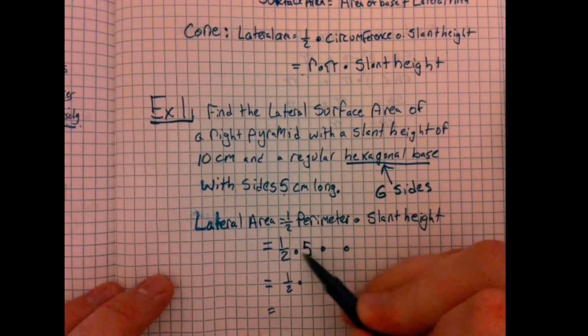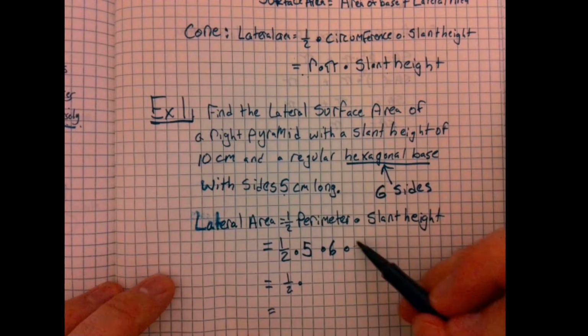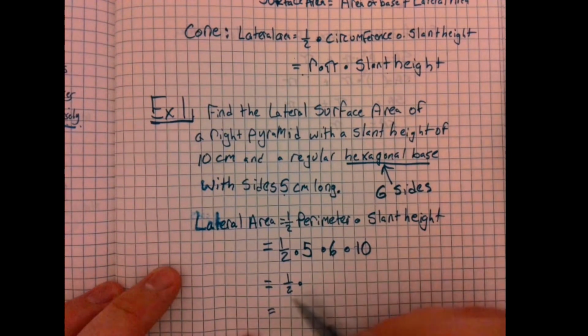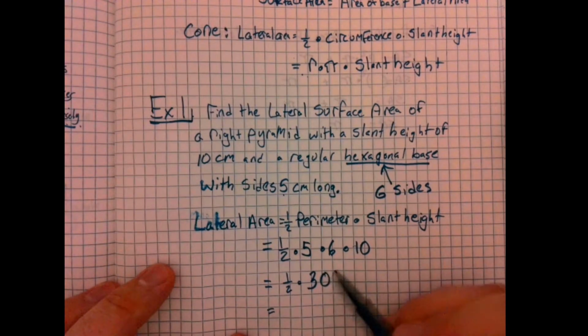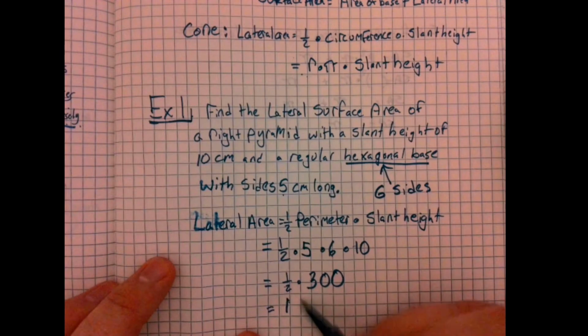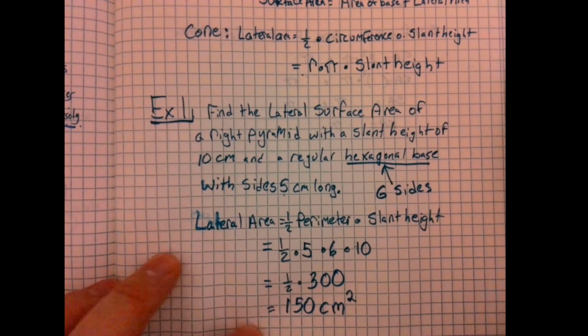So we're going to have 5 times 6 times the slant height, which the problem gave as 10. Now, 5 times 6 is 30, and 30 times 10 is 300. So we're going to say that 1/2 of 300 is 150. Now, our units were centimeters, and it's an area, so it's centimeters squared.